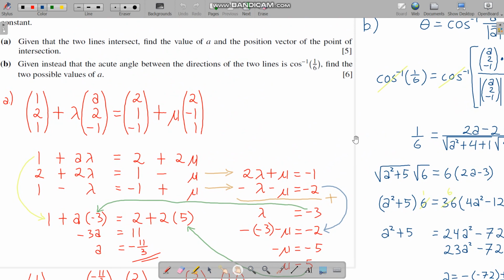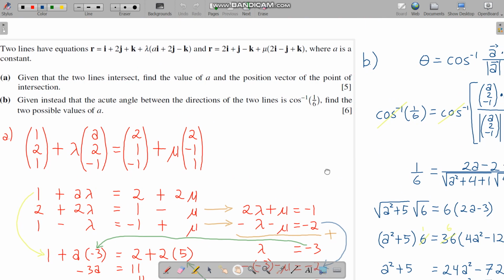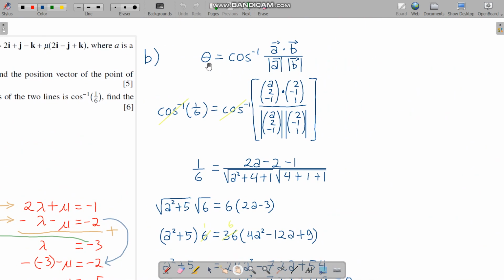Given instead that the acute angle between the two lines is inverse cos 1 over 6. Okay, so the formula is this from the MF19. After you rearrange, theta equals inverse cos of the dot product divided by the product of the magnitudes. The vector is a 2 minus 1.